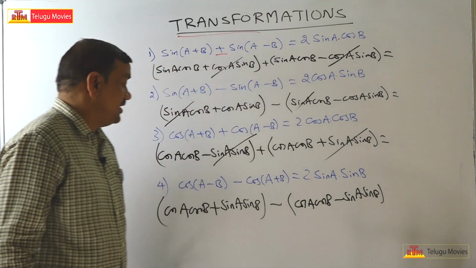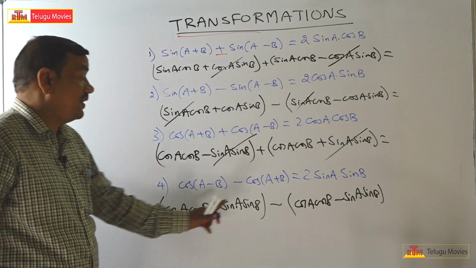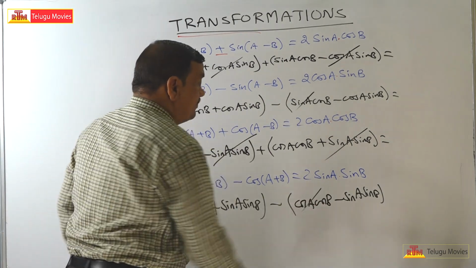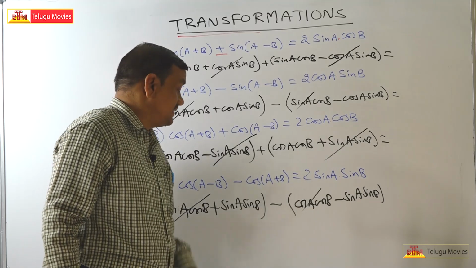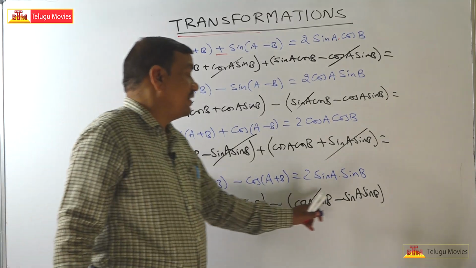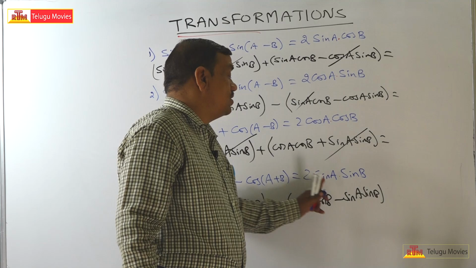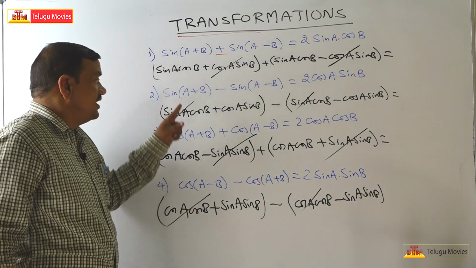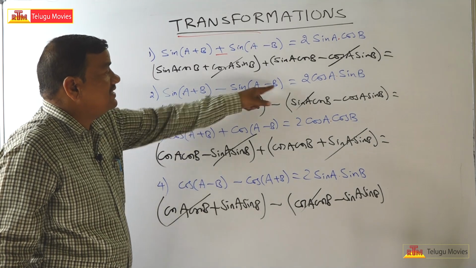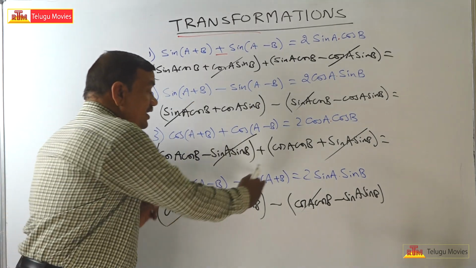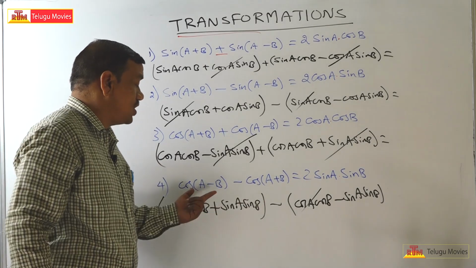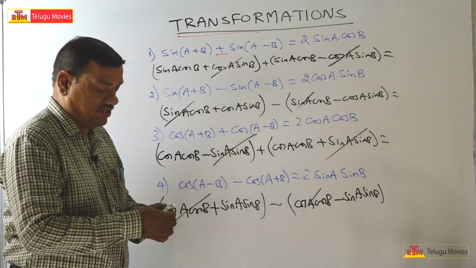Here cos a cos b minus cos a cos b gets cancelled, minus into minus becomes plus, and sin a sin b plus sin a sin b gives 2 sin a sin b. The only thing you have to remember is that for the sine case we wrote sin of a plus b minus sin of a minus b, but here you have to reverse it: cos of a minus b minus cos of a plus b.